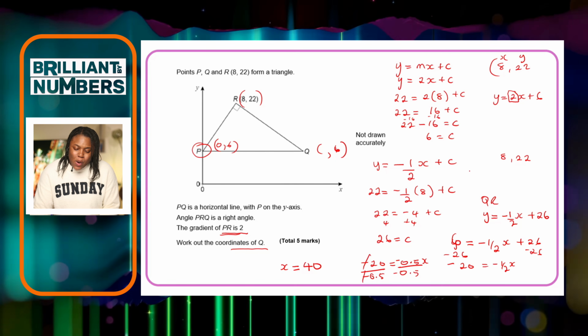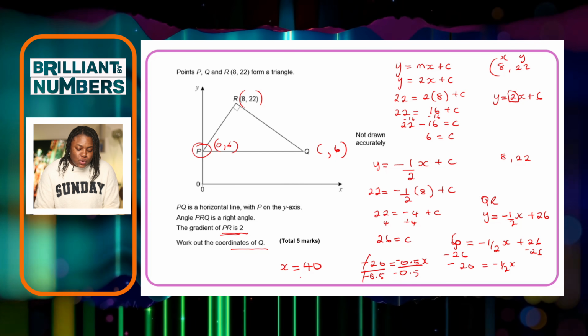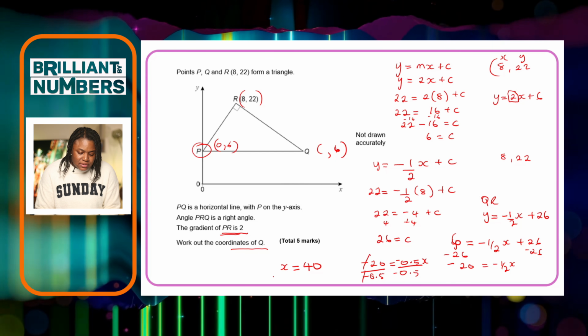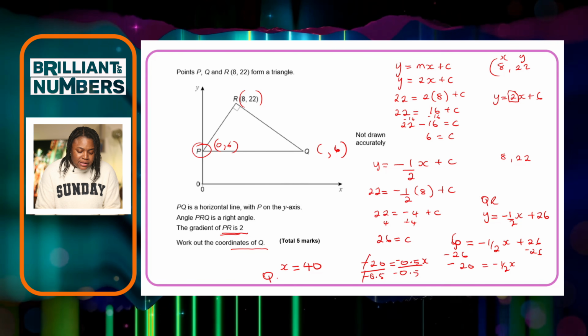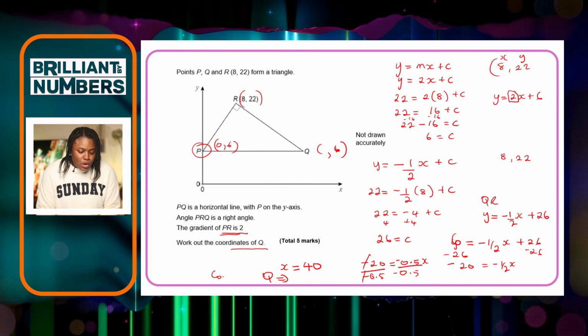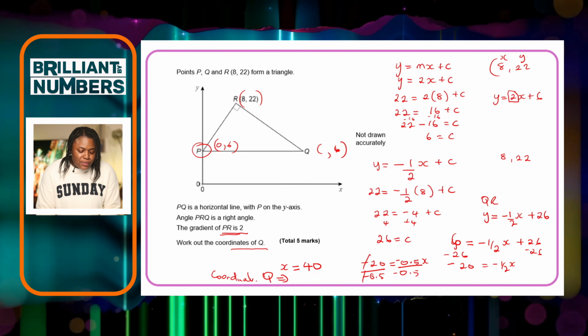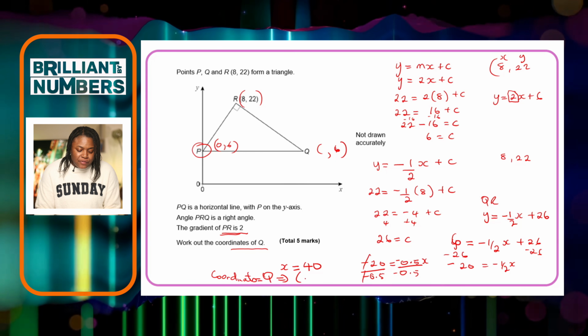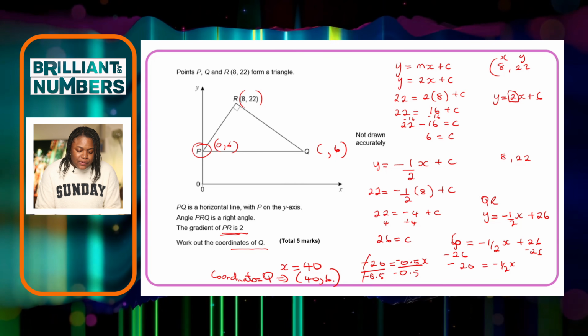So we knew the y coordinate was 6. Make sure you write it out: the coordinates of Q is equal to 40 for x and 6 for y.